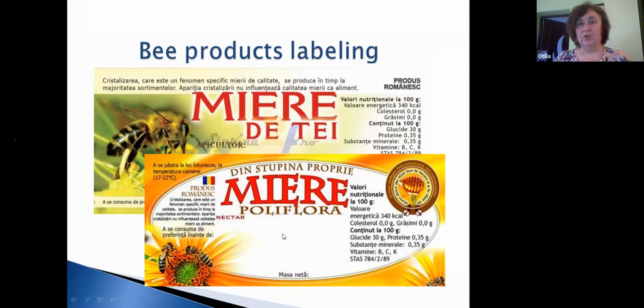I hope I'm not too hard on this. It's not a huge amount of money, and you will have your own brand, and you will be in line with the law that says every jar of honey must have the nutritional values, and you will have the nutritional values for your own produced honey.